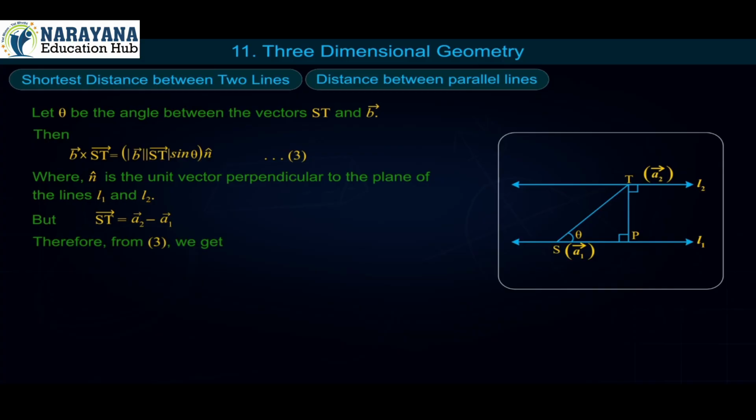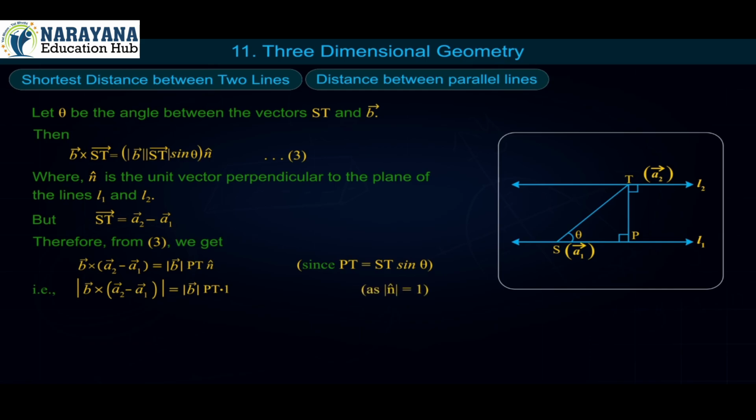Therefore, from 3 we get vector B cross (vector A2 minus vector A1) is equal to modulus of vector B into PT n cap, since PT is equal to ST sin theta, that is, modulus of vector B cross (vector A2 minus vector A1) is equal to modulus of vector B into PT into 1, as modulus of n cap is equal to 1.